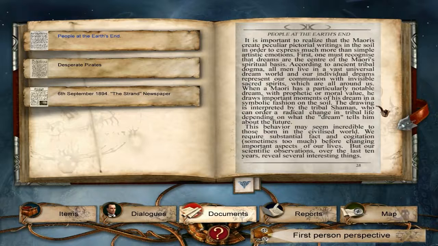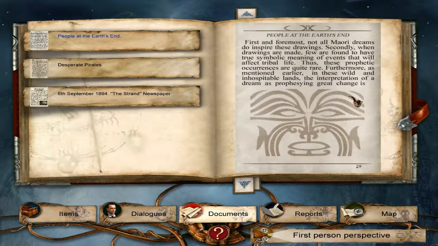This behavior may seem incredible to those born in the civilized world. We require substantial fact and cognition, sometimes too much, before changing important aspects of our lives. But our scientific observations over the last 10 years reveal several interesting things. First and foremost, not all Maori dreams do inspire these drawings.